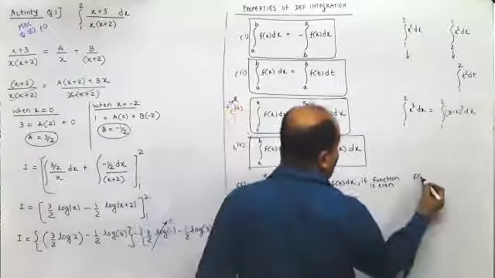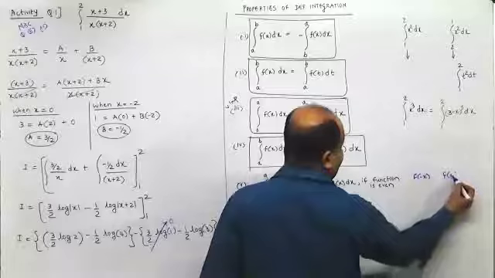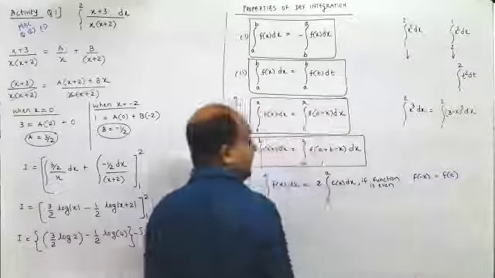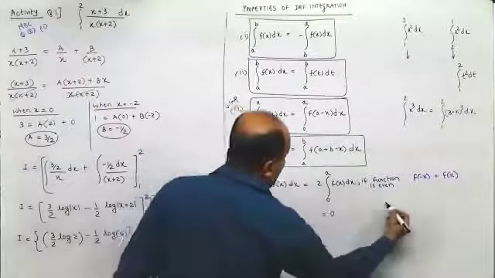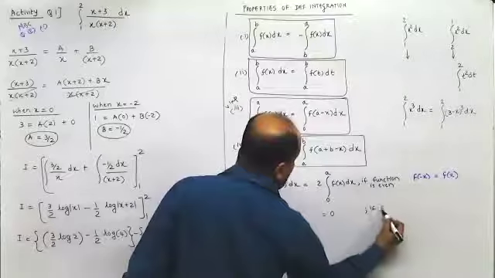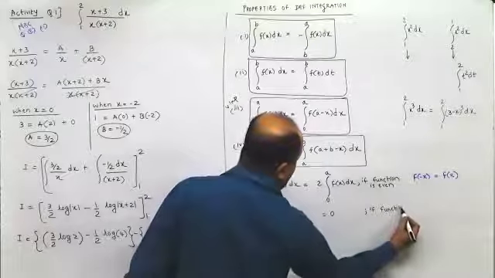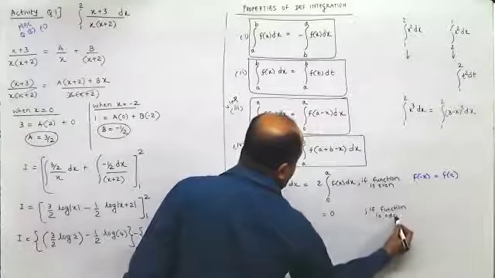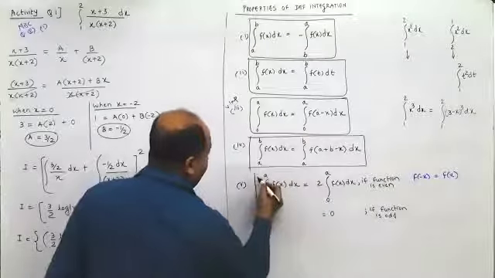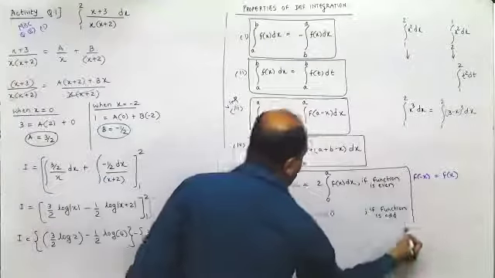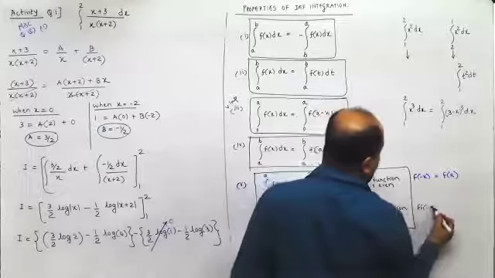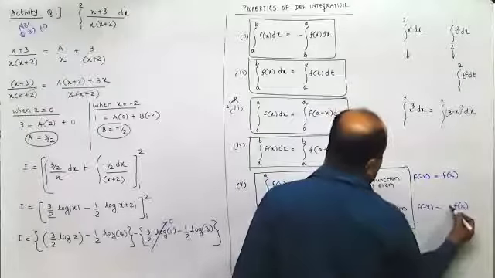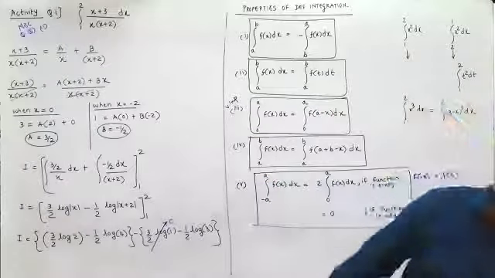I'll find the f of minus x value, I'll find f of x value. If they are equal, function is even. Now, if it is odd, the answer is 0. What do I mean by odd? I'll find f of minus x and I'll realize that it is f of x itself with a minus sign. Then it is an odd function.